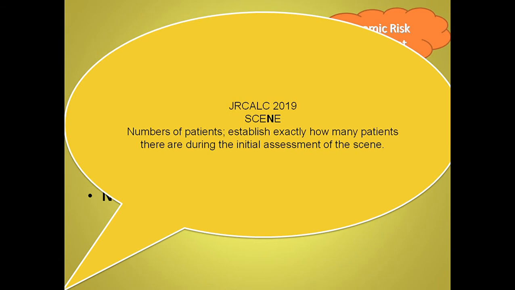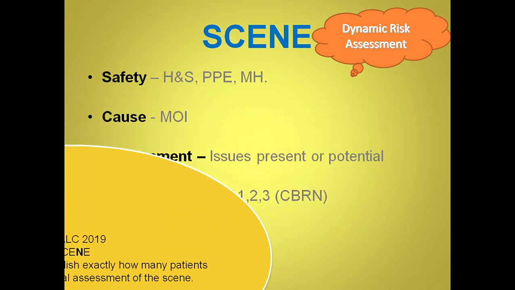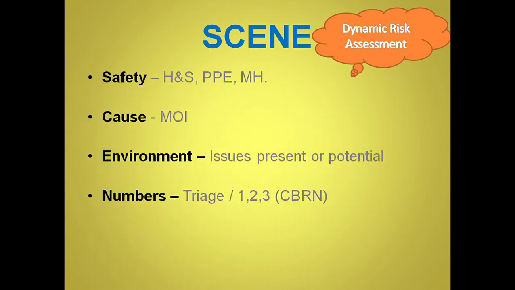Numbers of patients: establish exactly how many patients there are during the initial assessment of the scene. So work this out early on, because generally we can only deal with one patient at a time, so we might need extra help with additional patients or extra resources.